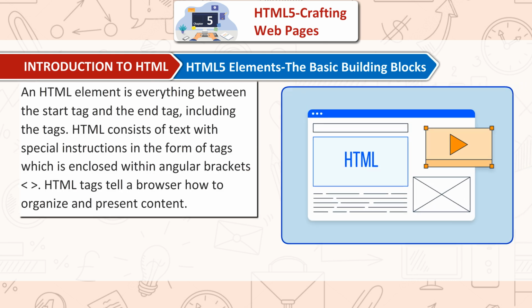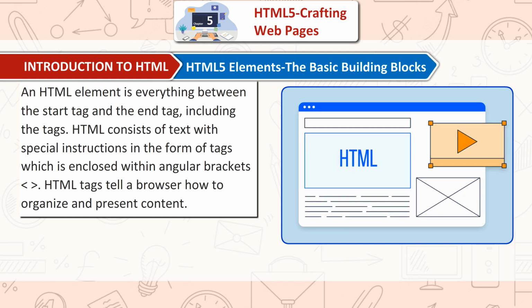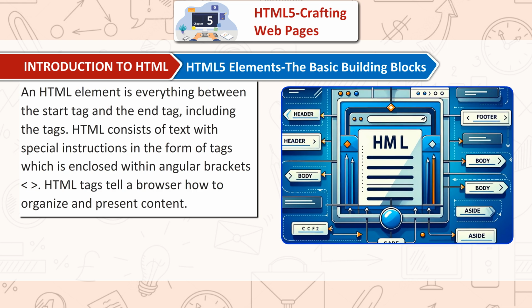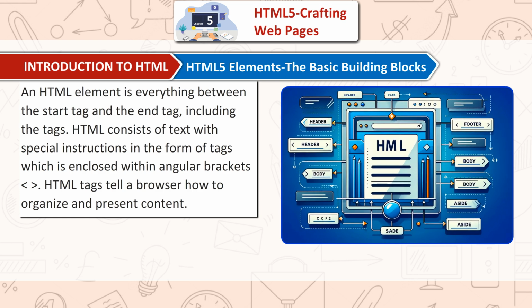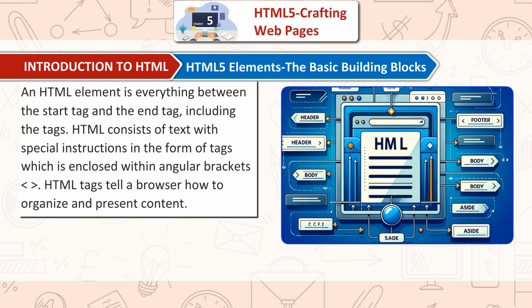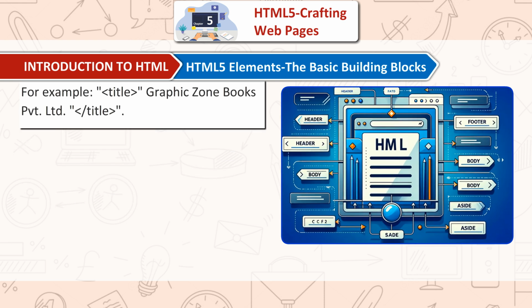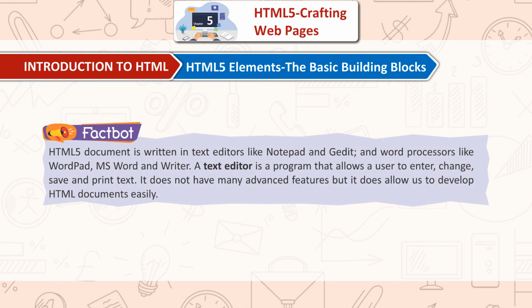An HTML element is everything between the start tag and the end tag, including the tags. HTML consists of text with special instructions in the form of tags, which are enclosed within angular brackets. HTML tags tell a browser how to organize and present content. For example, title, Graphic Zone Books Private Limited, title.